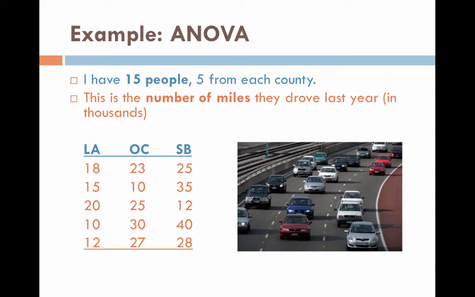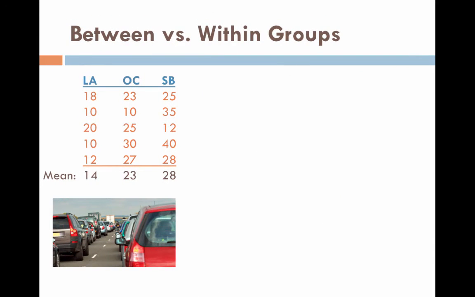And we can see here 18,000, 15,000, 20,000, 10,000, 12,000 for LA, 23,000, 10,000, 25,000, 30,000, 27,000 for Orange County, and so on and so forth for the 5 people from San Bernardino. And so with that, we can obviously calculate a mean and a standard deviation. So here we have the means for each of our 3 counties, our 3 groups.